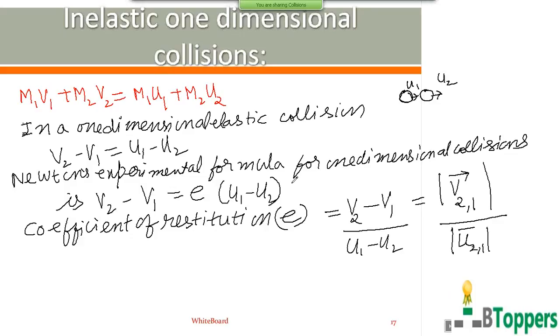If you compare this equation with the earlier equation, you can observe that in the case of one-dimensional elastic collision, the coefficient of restitution becomes 1. So E can be taken as equal to 1.